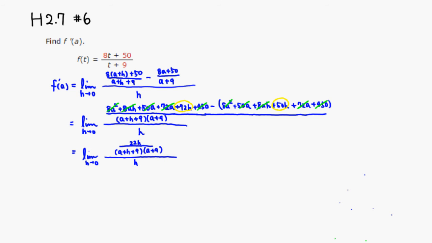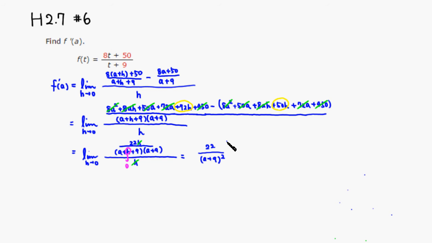Then we can cancel h on the bottom and h on top. Then h is going to 0, so we know that this term disappears. So what's left is 22 on top over a plus 9 on the bottom, squared.